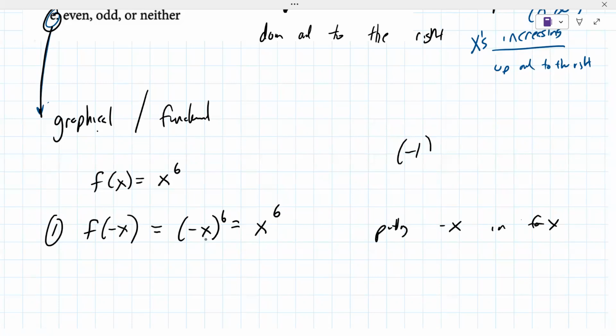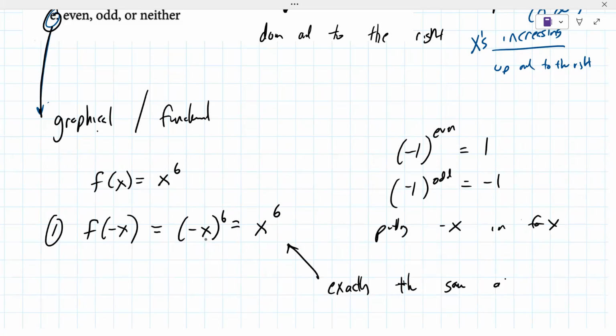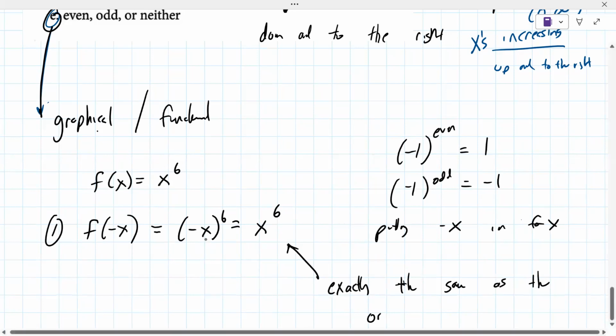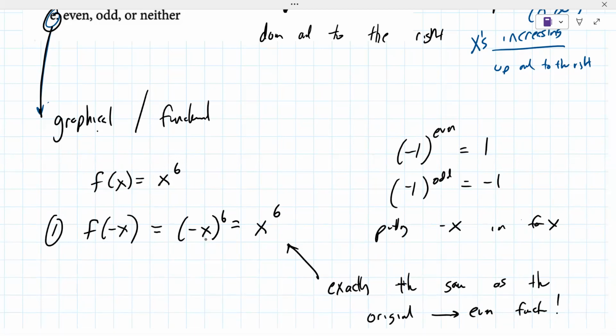So there's kind of a rule: negative 1 to an even power is always 1, and negative 1 to an odd power is always negative 1. Now, if this is exactly the same as the original, you can then say that this is an even function, which it is.